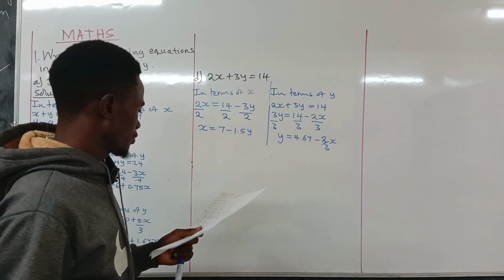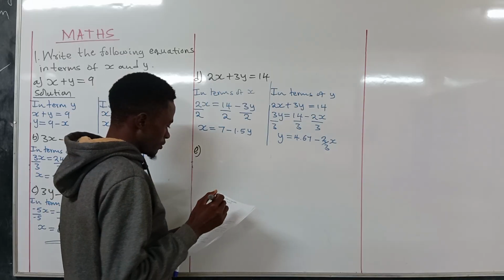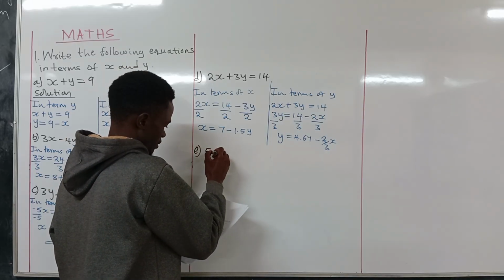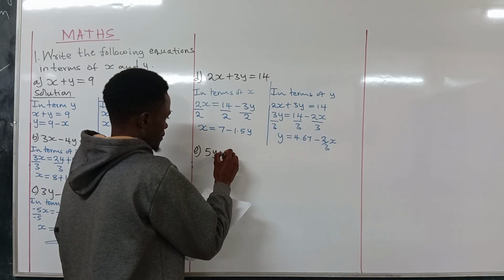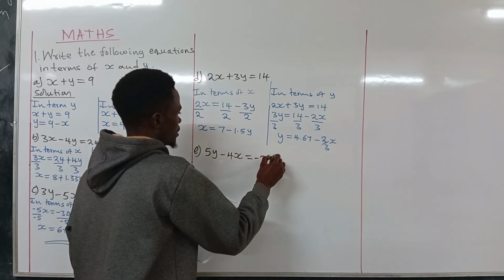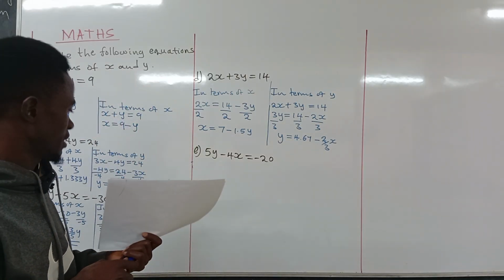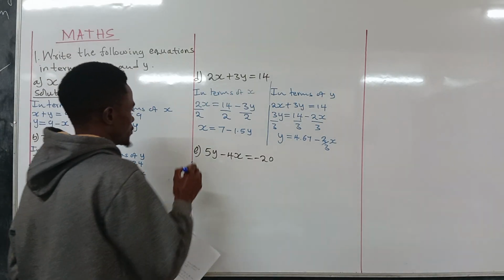We can move to probably the last question for now. 5y minus 4x is equal to negative 20.